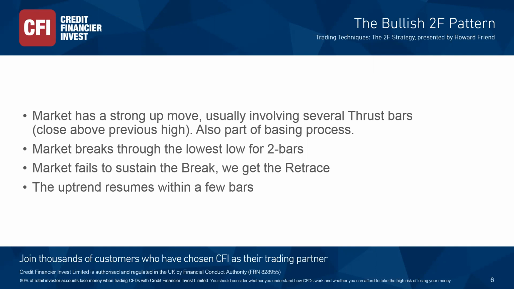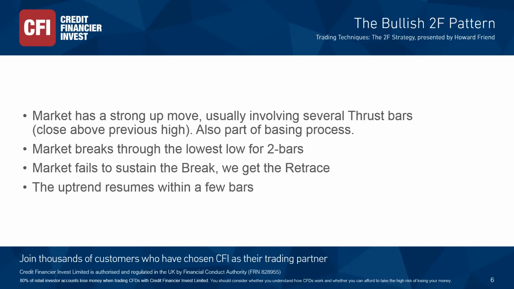So we're looking for a strong move, usually involving several thrust bars. The 2Fs can sometimes form as part of a basing process as well, but for the most part, we focus on using 2F within the context of a trend. So the break of the break and retrace setup is the breaking through of the lowest low for the last 2 bars.